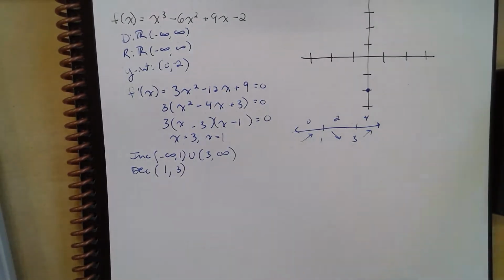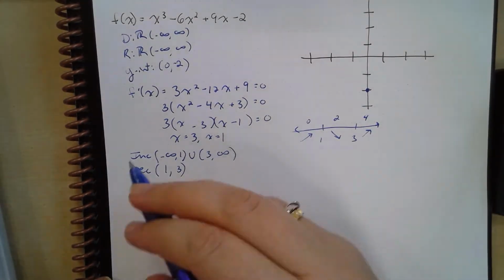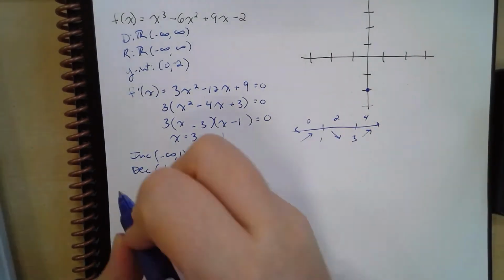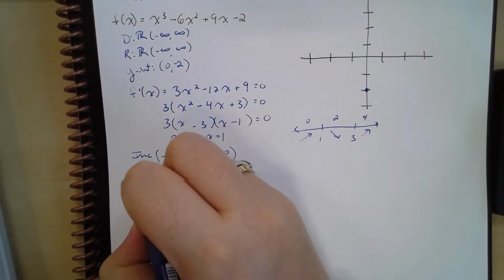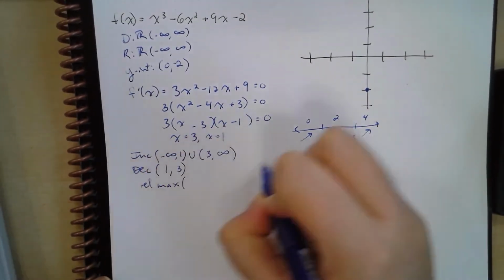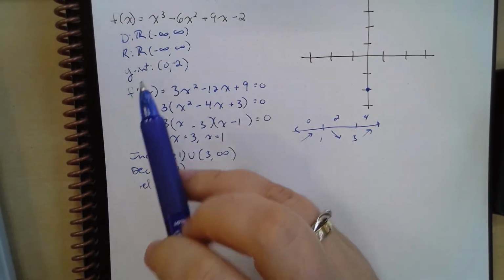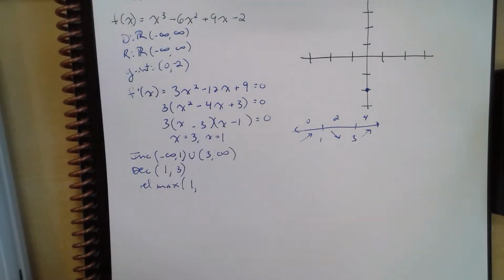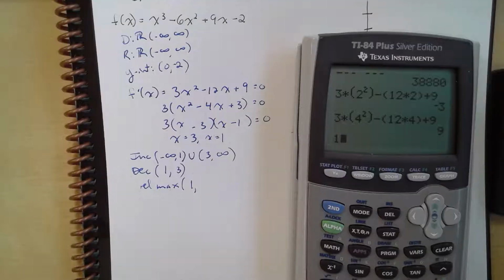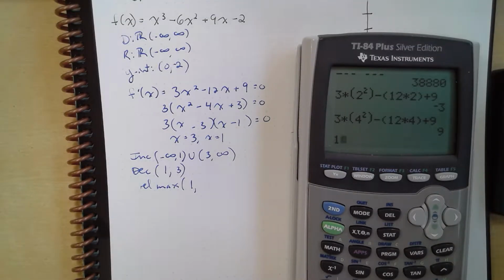Now I need to know what my relative minimum and relative maximum are, and I can actually find this here. I'm going to have a relative maximum at 1, and I have to put 1 back into my original equation. 1 cubed is 1 minus 6 plus 9 minus 2 is 2.